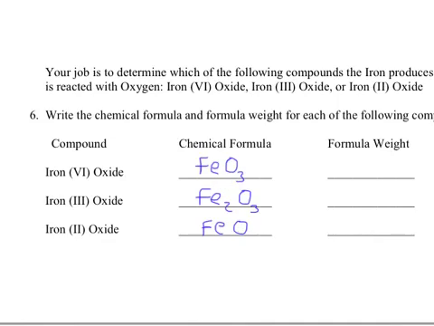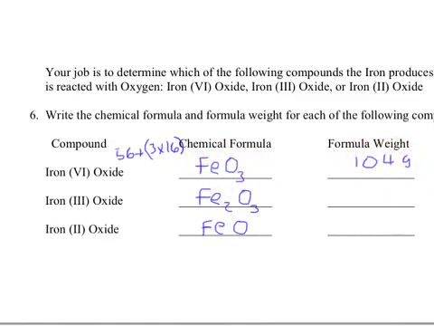I look on my periodic table, I see that has a mass of 56, plus I have 3 oxygens, so I'm going to say 3 times 16, which is the mass of 1 oxygen. And when I say 56 plus 3 times 16, I get a formula weight of 104 grams. If I have 1 mole of FeO3, its mass is 104 grams.